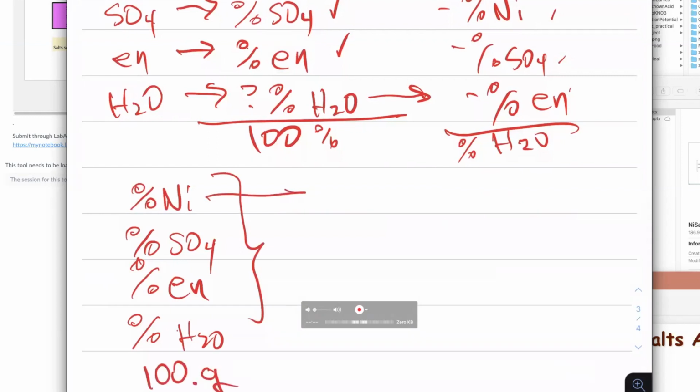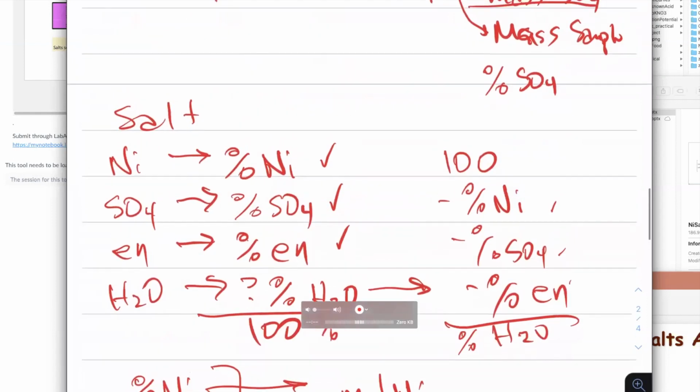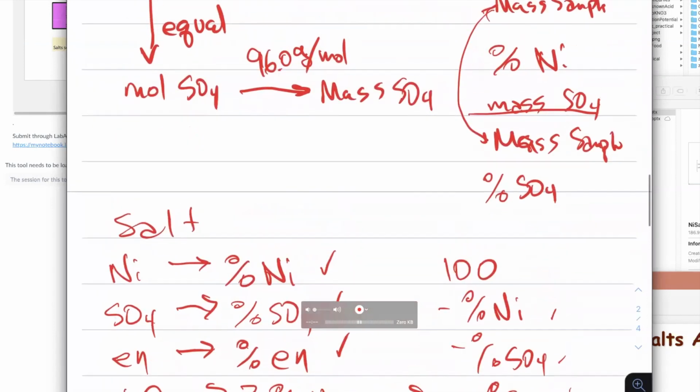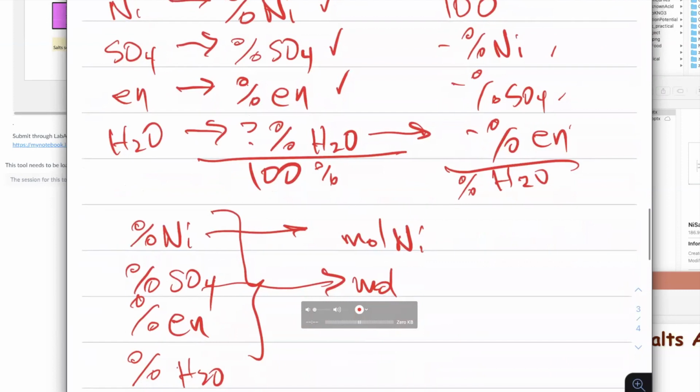Take your 100 grams and get the moles of the nickel, the moles of your sulfate, and it's not the same as these up here because now you're doing it based on 100 grams of sample, moles of ethylenediamine, and moles of water.